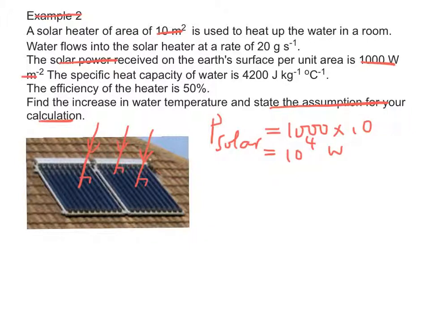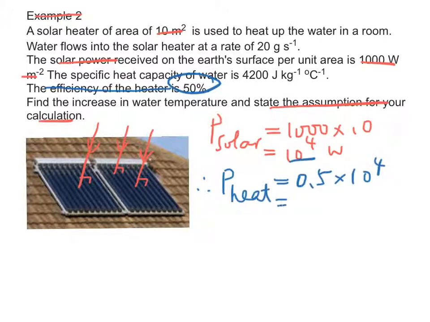Since the efficiency of the heater is 50%, therefore the power generated as heat equal to 0.5 times 10 to the power 4, which is equal to 5 times 10 to the power 3 watts.